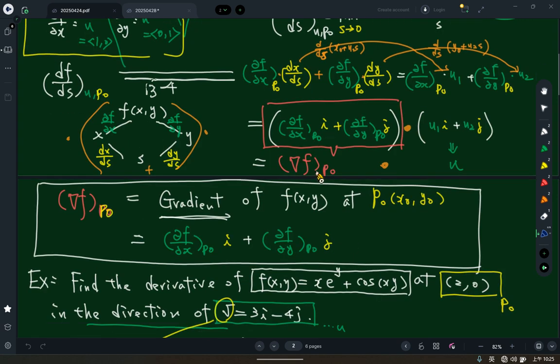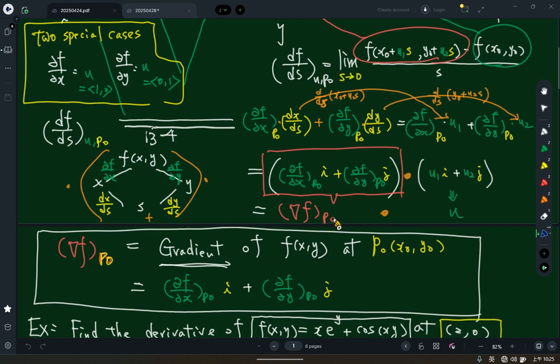That will be the gradient vector at p0 dot product this u. So you can see the gradient vector just uses the function f, right? And you also need to have p0. Based on this, you can get the gradient vector.